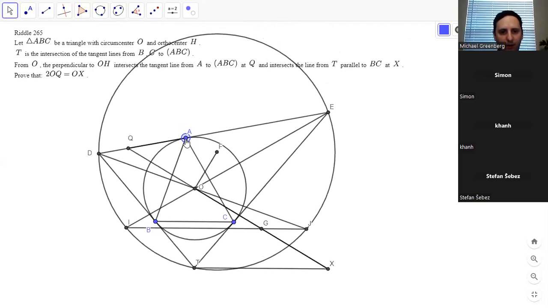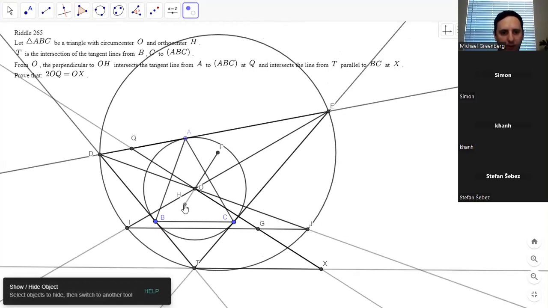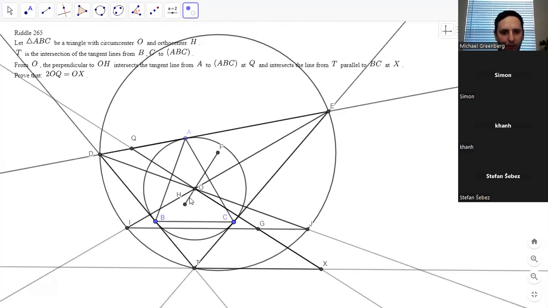Yeah, those lines, I want to make these two lines a little farther apart. So let me unhide point H, just so when I write up the solution, it's there.